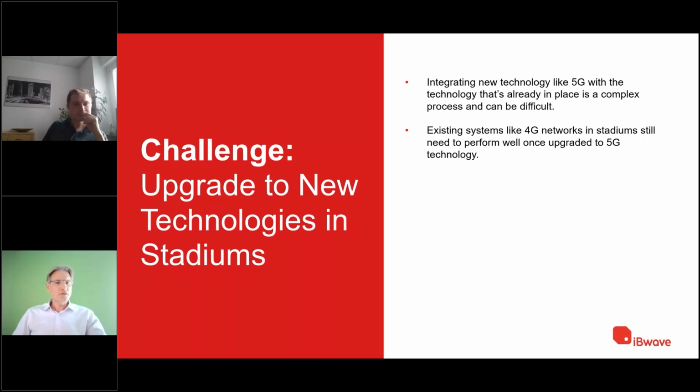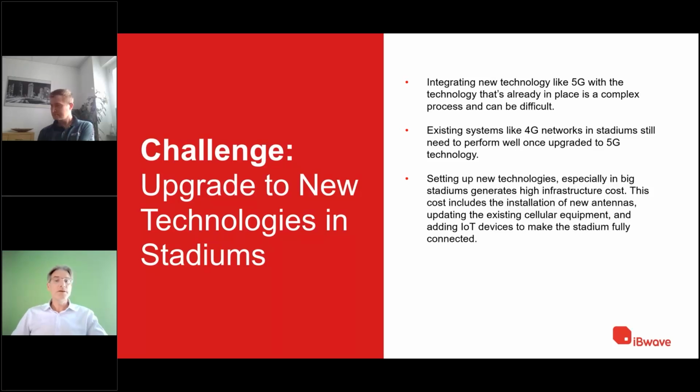So it's a complex process, and you have to ensure that the existing system is still performing well. At the end, you have just added a new system and kept the old one, because not everyone is on a 5G phone. People are still on 4G. You need to support that technology as well, and it has to perform.